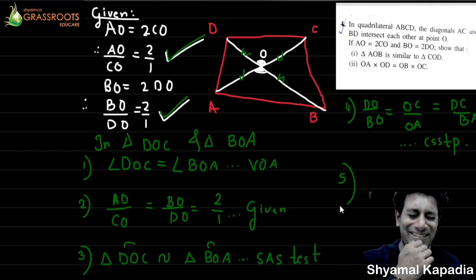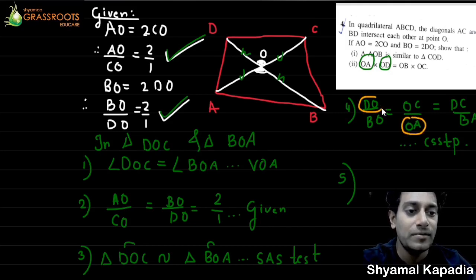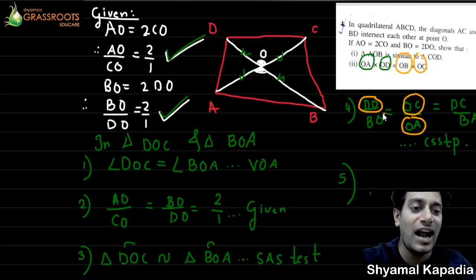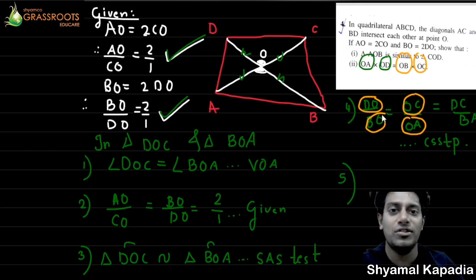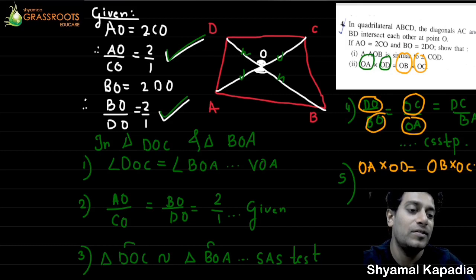You need OA and OD. Where is OA? Here, OA and OD. Then you want OB and OC. Lovely. All you do is just cross multiply. So you get OA into OD is equal to OB into OC. Statement number 4. Hence proved.